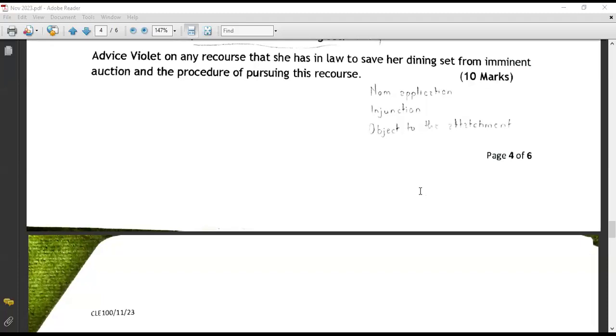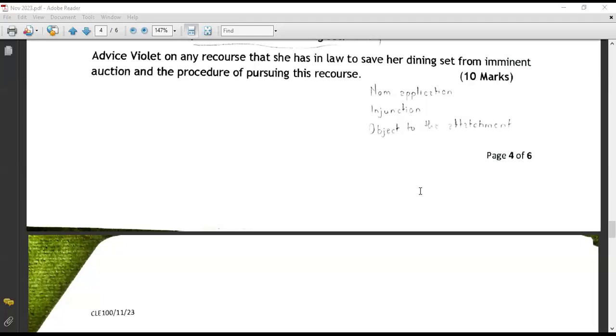The application is by way of chamber summons, supported by affidavit. Then you can give a case law.